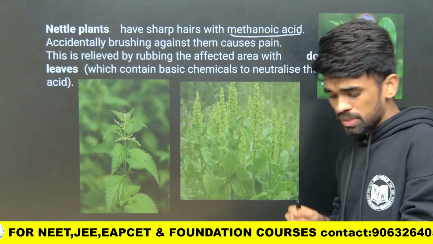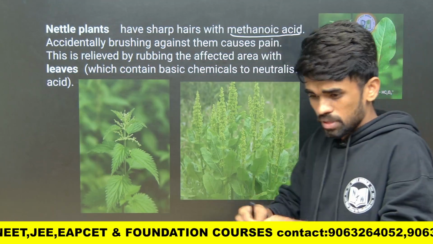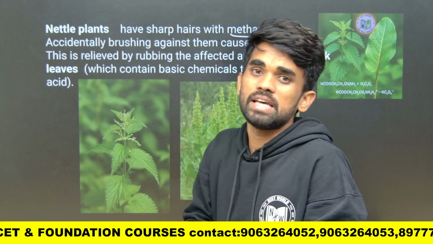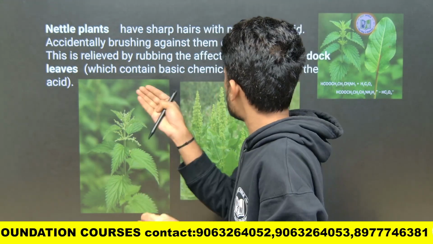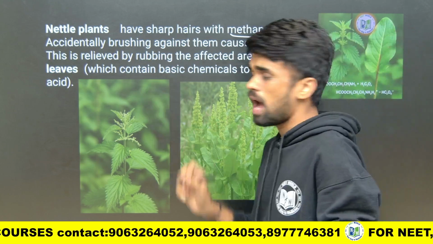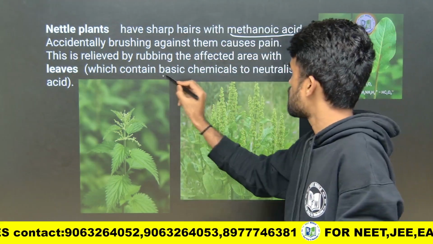Okay, so now you can get rid of this pain by rubbing it with some basic substances. See, the other plant here we have is the dock plant. The dock plant leaves have some basic groups or basic chemicals.